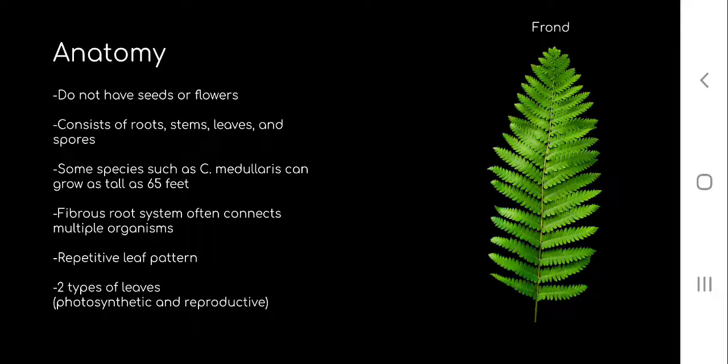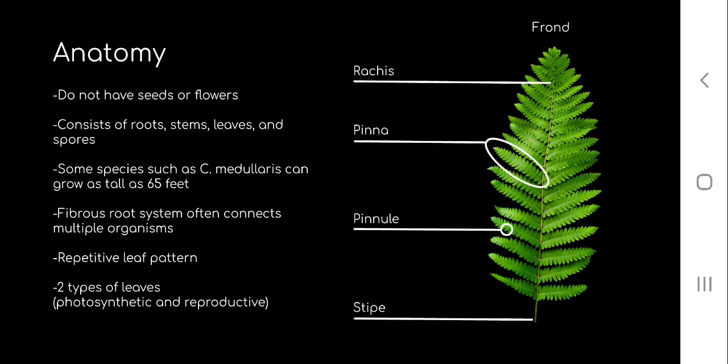Ferns have a fibrous root system and a repetitive leaf pattern, and the different parts of a fern are the big leaf part, which is the frond, and then the stem that goes down that is the rachis, with the base being called the stipe, and then off of the rachis grows a pinna, and then on each pinna is a bunch of pinnules. And with the pinnules, there are two different types. There's ones that are photosynthetic, which make energy for the entire plant, and then there's reproductive ones that produce spores.